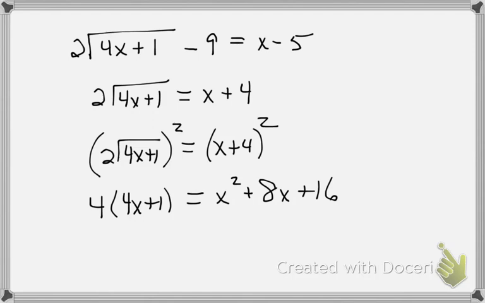It never went away. We did it in both directions, multiplying out and factoring. So there it is. Now multiply out on the left side. If I distribute the 4, I get 16x plus 4 equals x squared plus 8x plus 16.